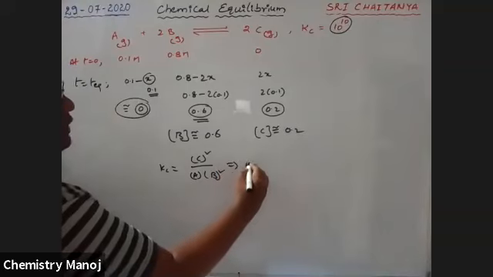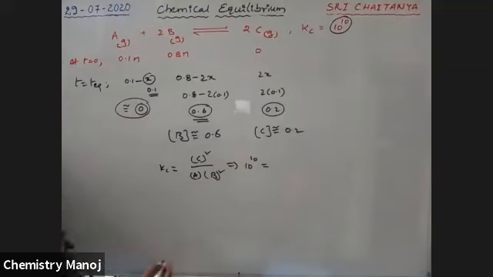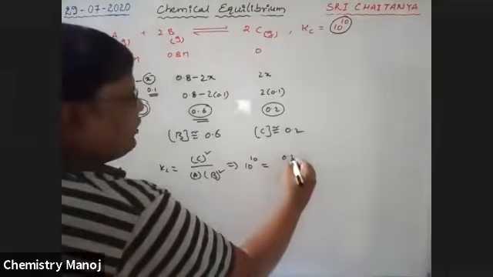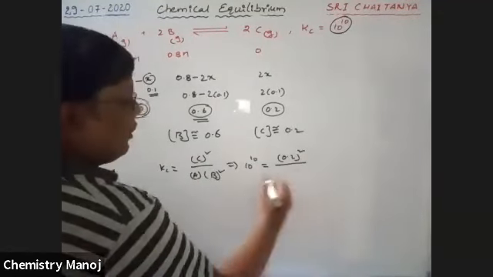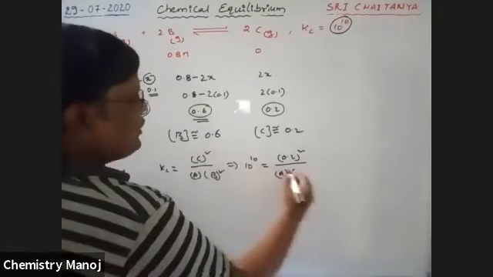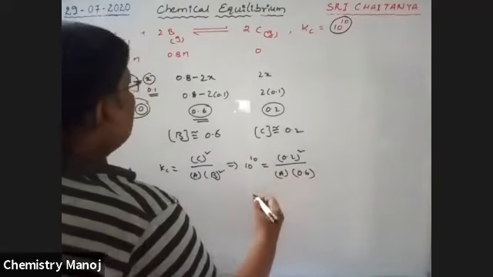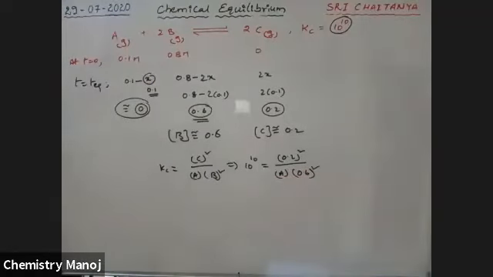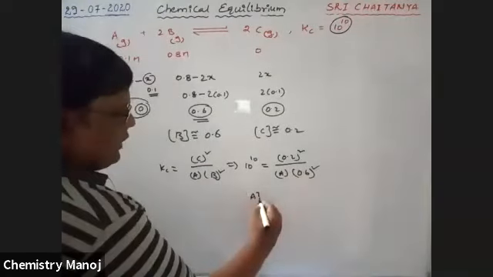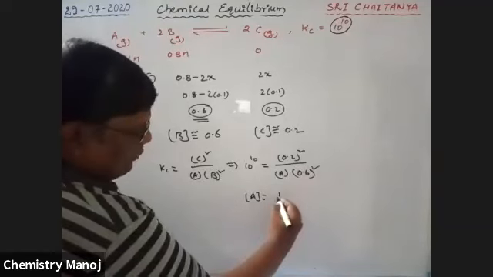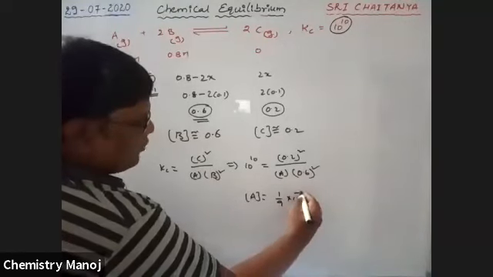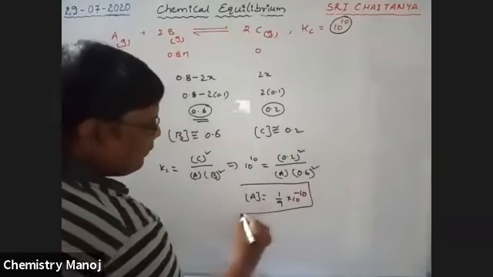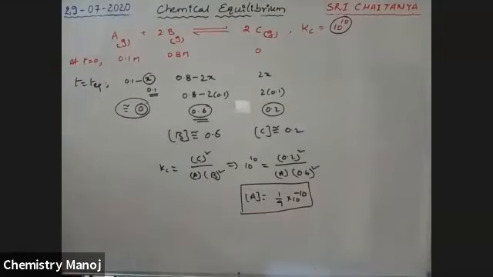That implies 10 power 10 is equal to 0.2 whole square by concentration of A into 0.6 whole square. Therefore, finally we get the concentration of A equal to 1 by 9 into 10 power minus 10. It is almost 0, not exactly equal to 0.